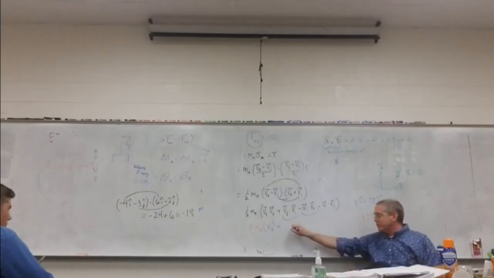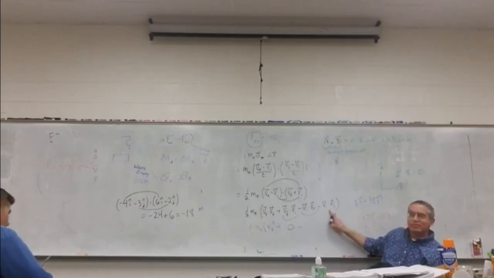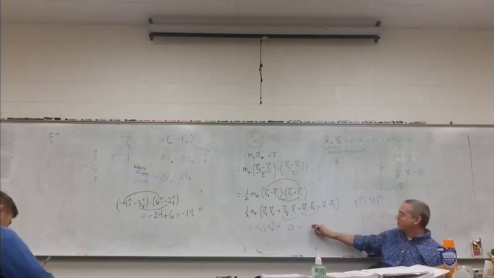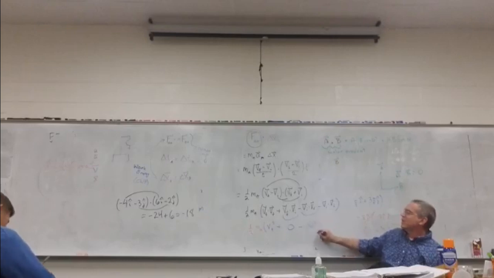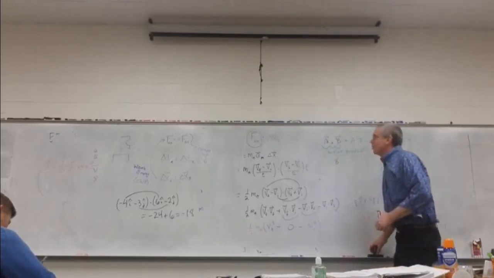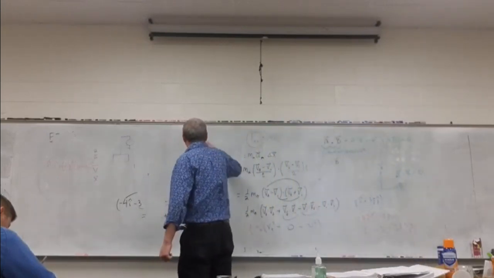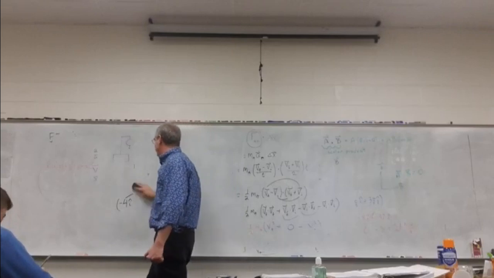So we end up with 0. Minus... There we go, a little bit more confident. And so now we are left with, almost at the moment of truth and revelation.